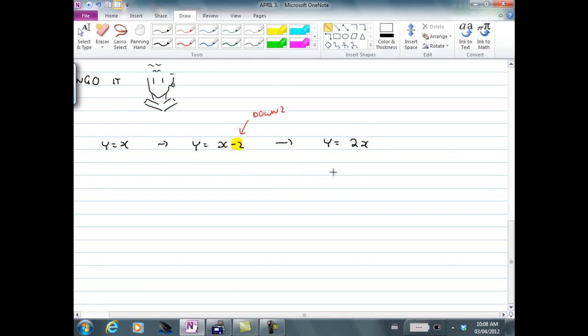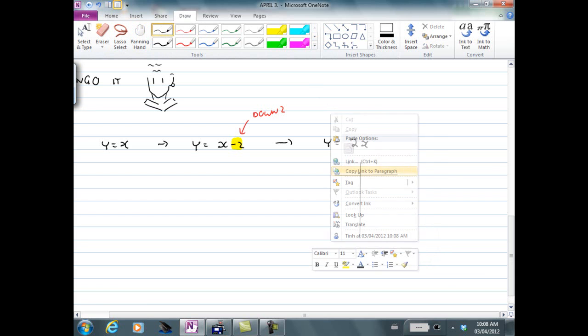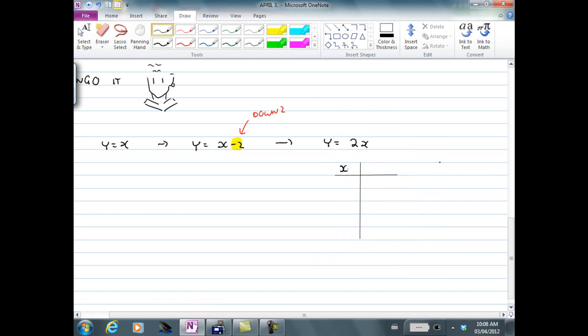So let's draw our table of values. X and y. All we're going to do is just choose any number for x you want, starting from 1, 2, 3, 4, and so on.